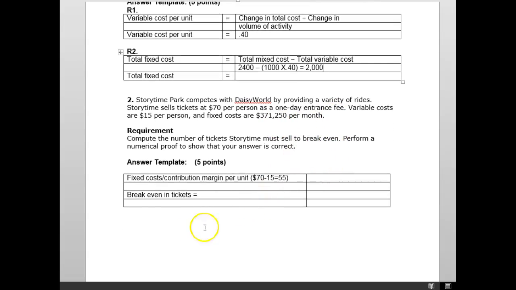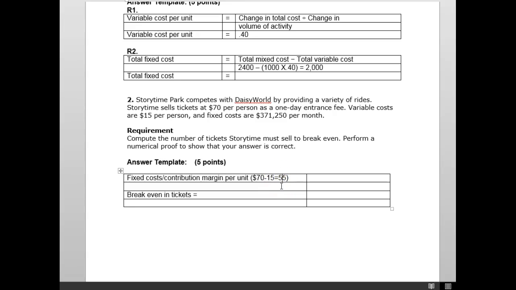Now we're going to look at fixed cost and contribution margin per unit. The contribution margin is how much of that $70 is left over. They sell it for $70, the variable costs are $15, so the contribution margin is $55.